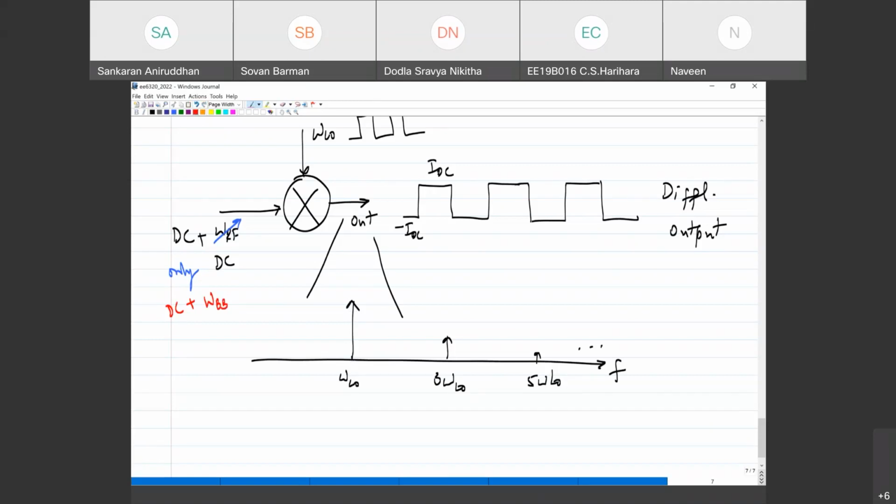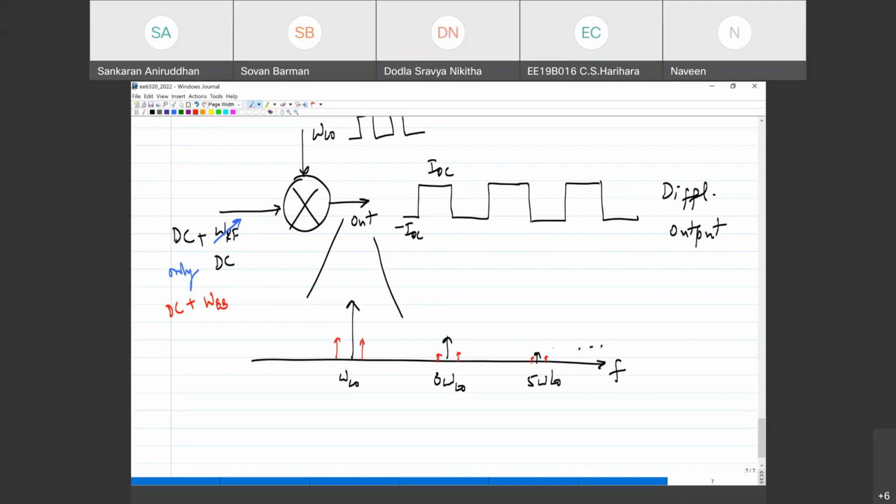What will happen? One tone at baseband. What will I get at the output? We will have a frequency component at omega LO minus omega baseband. I'll get these, correct? Yes.